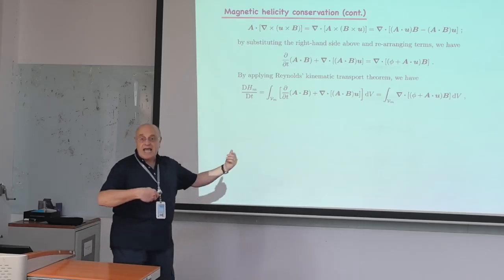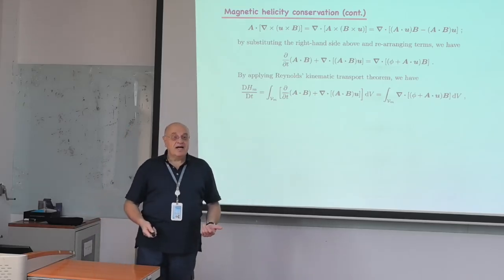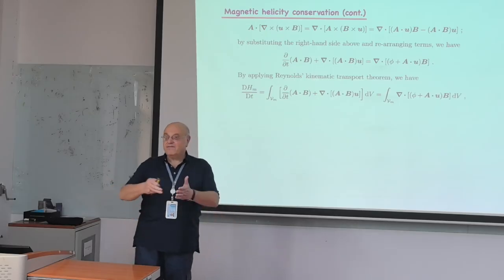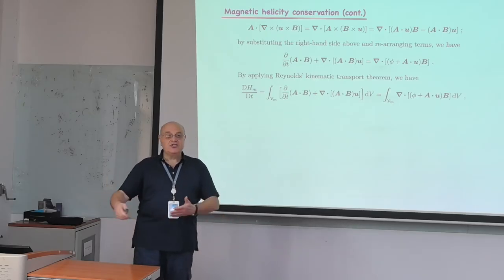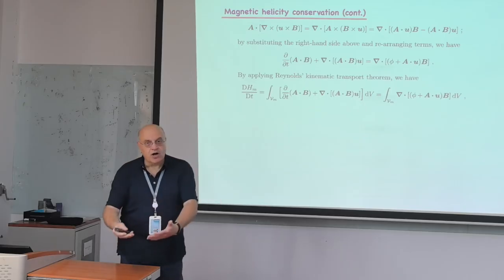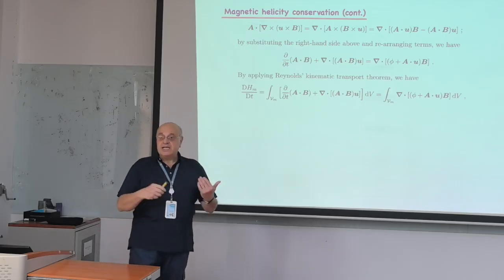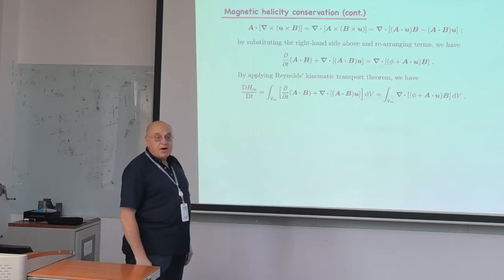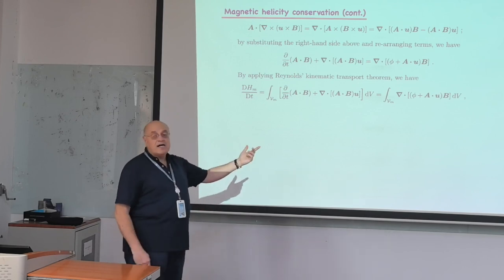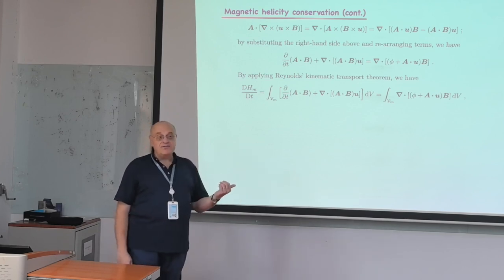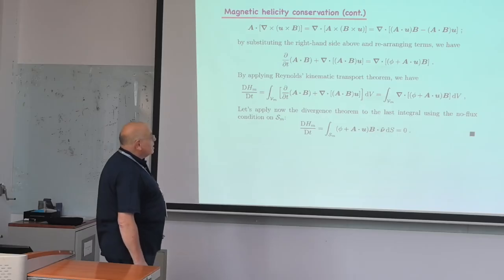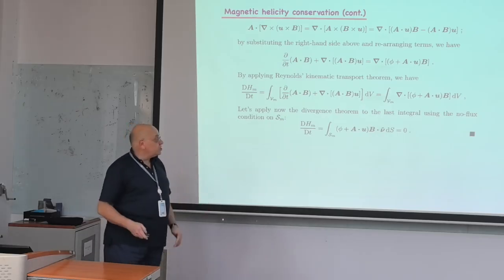This is the game in this field, a classical game after Kelvin, even today: to transform an integral into an integral of a divergence, and then once we are here, we can use the Gauss divergence theorem and the boundary condition.